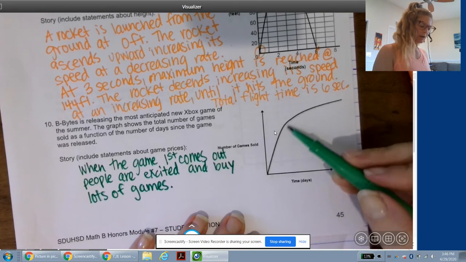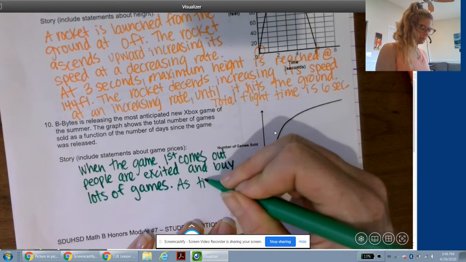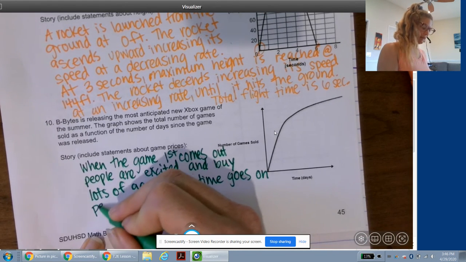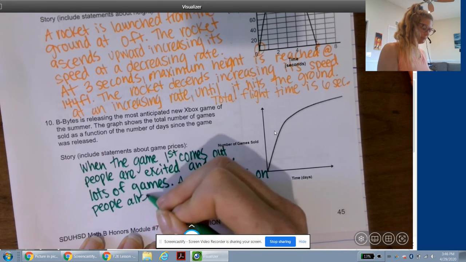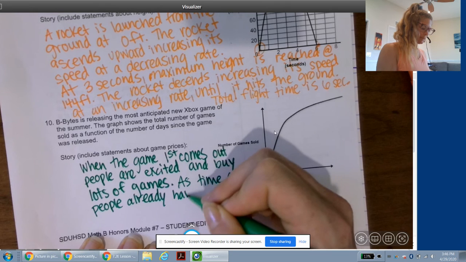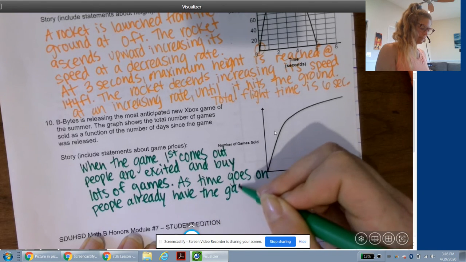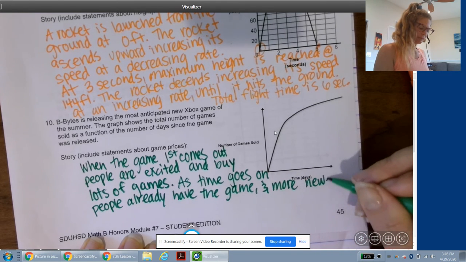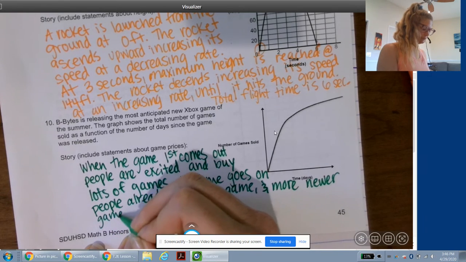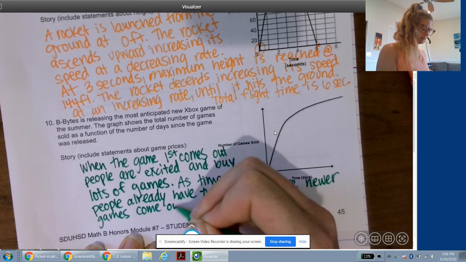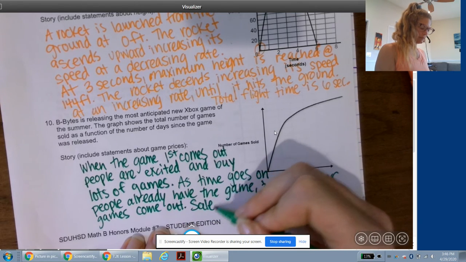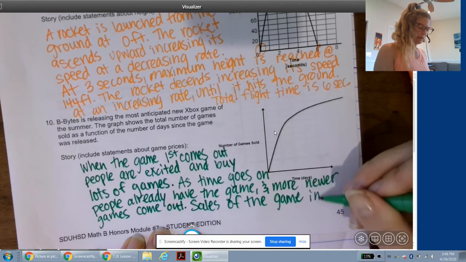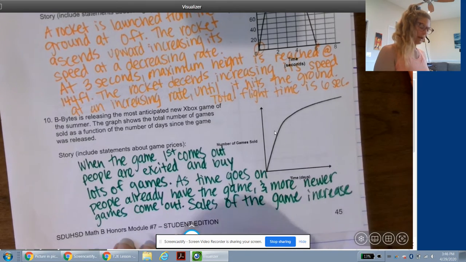But then as time goes on, people already have the game, and more new games come out. Sales of the game increase at a decreasing rate.